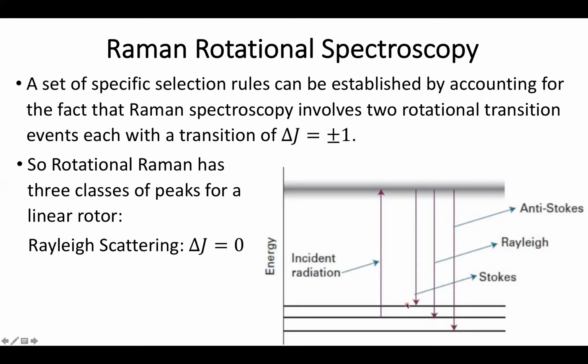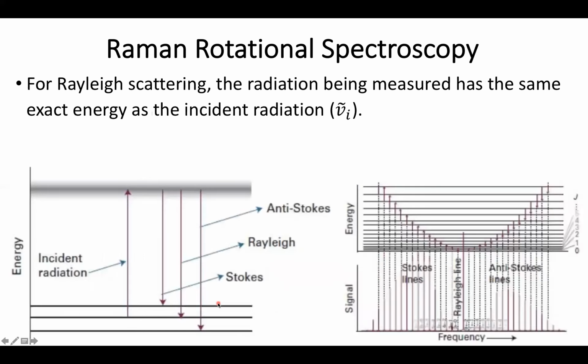However, we also have Stokes, where under each transition event I will increase the rotational level, for a net of +2. And then anti-Stokes, where in each rotational event I'll have a -1 transition, and I'll go down 2. We're going to go ahead and examine each one of these three cases individually.